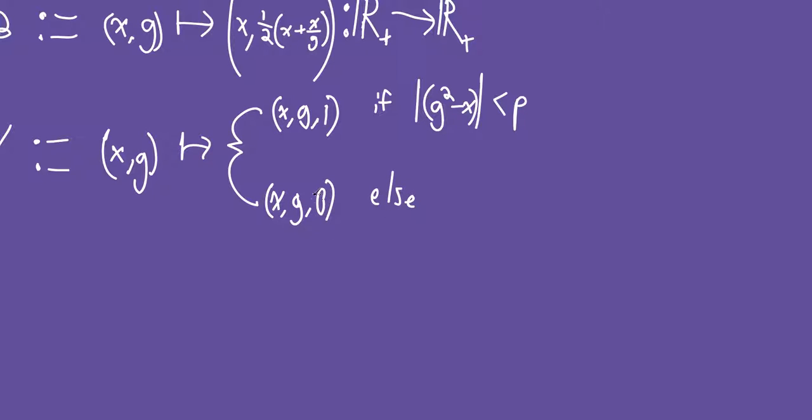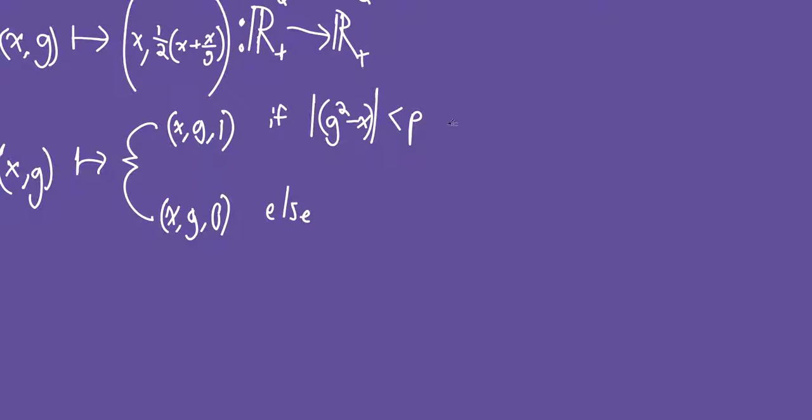Else, it maps to xg, 0. This function takes from R2 and places it in R2 cross the set containing 0 and 1.